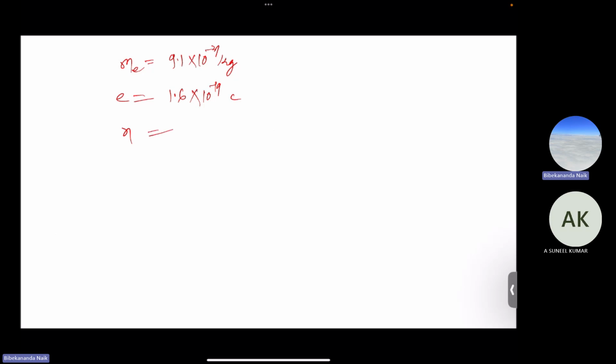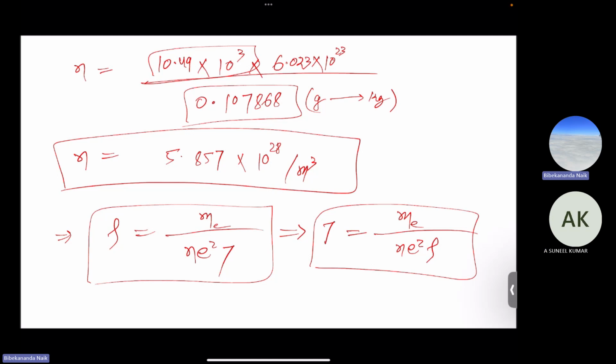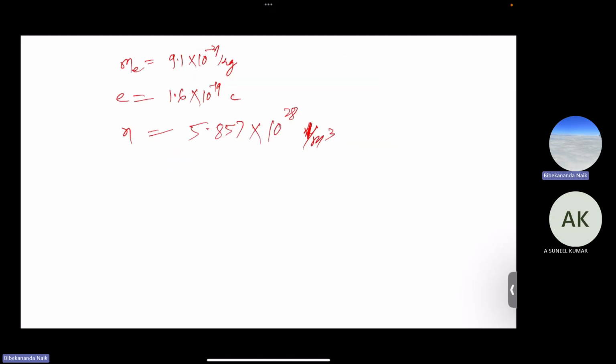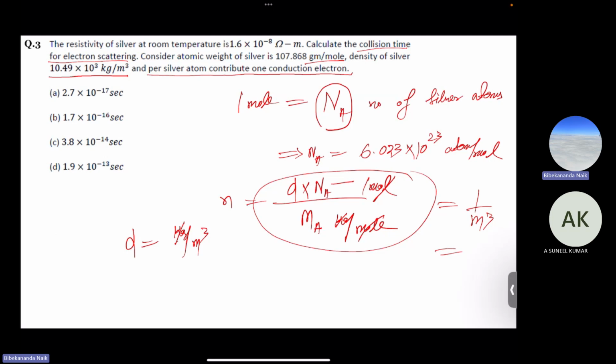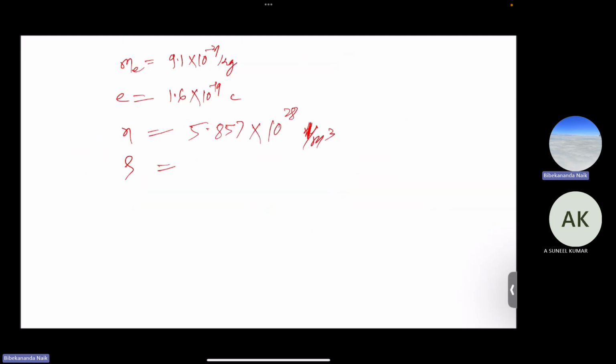It is 5.857 into 10 to the power 28 per meter cube. So if you put it, there is another rho. So rho is again given in the question. It is 1.6 into 10 to the power minus 8 ohm meter.